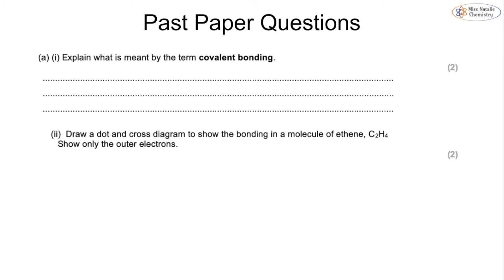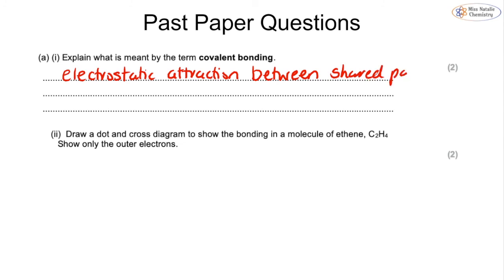Then a typical question, this comes up very regularly and it's just a case of memorising the answer. What is meant by the term covalent bonding? Well, it is the electrostatic attraction, because we should always be using that term in our bonding questions. So it's the electrostatic attraction between, and then you just have to say what? Between the shared pair of electrons, and that of course is our negative, and the 2 nuclei.